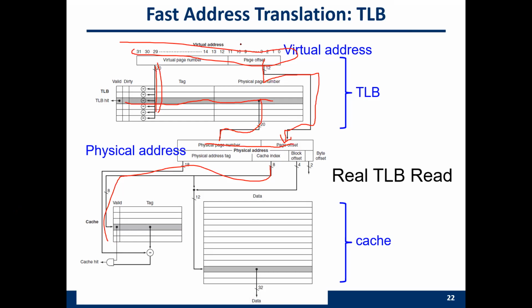Otherwise, if we use a virtual address to do the index, all the applications may have the same virtual address. Why the same? Because everyone has a 0 to 31 bits virtual address. So everyone has addresses from 0 to 4 GB. If two applications try to request the memory address all zeros, then two applications may read the same piece of data.